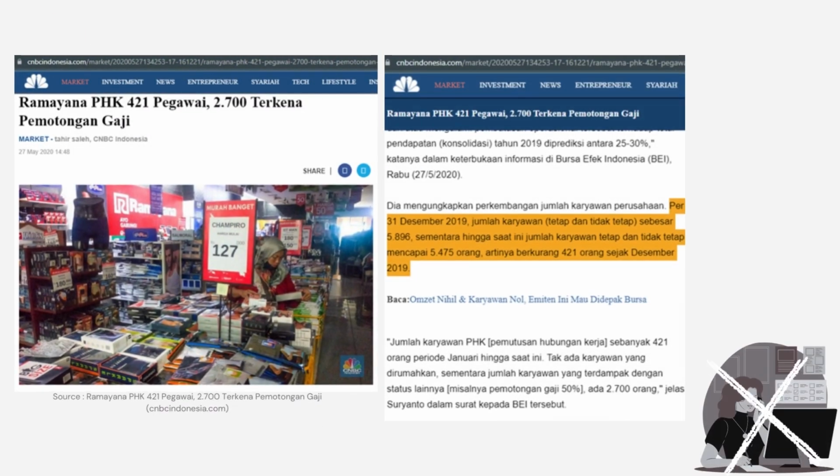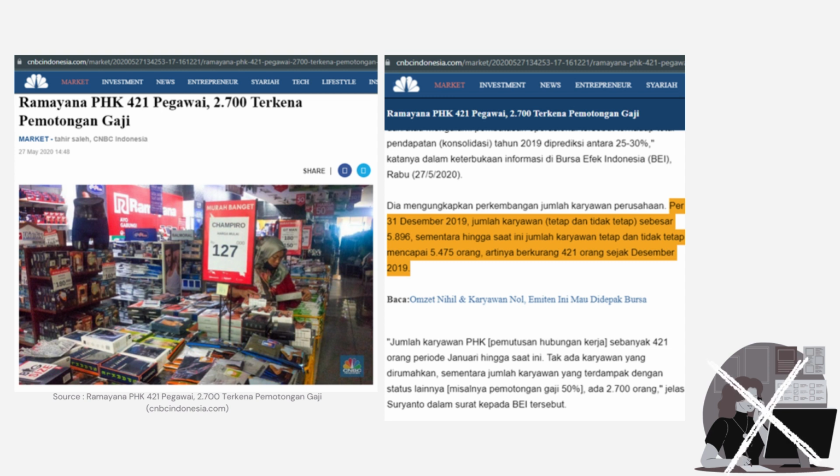And here's news about PT Ramayana Lestari Sentosa, which is a department store operator. Its main activities are as a general trading company that sells various goods such as clothing, accessories, bags, shoes, cosmetics, and daily necessities products.